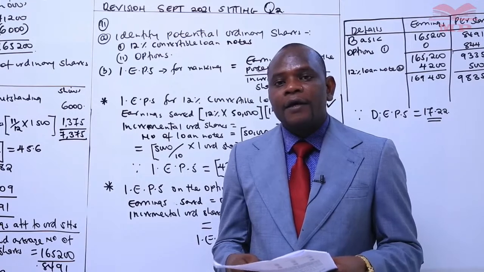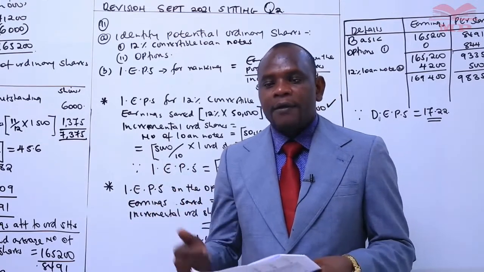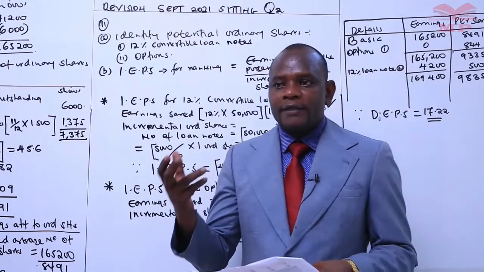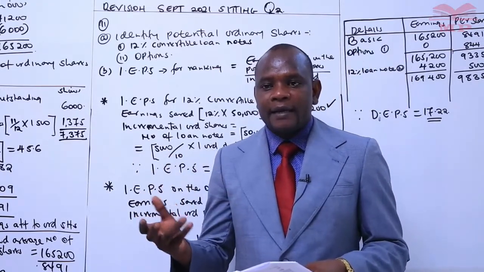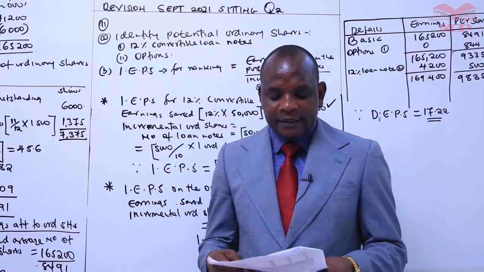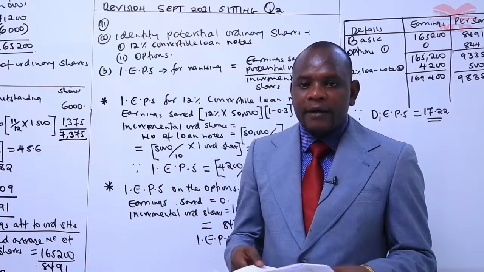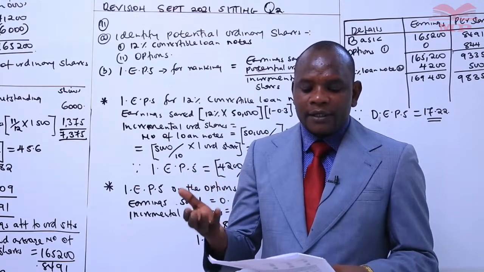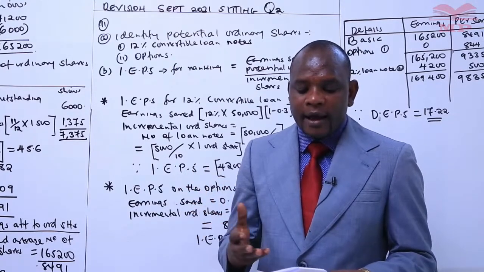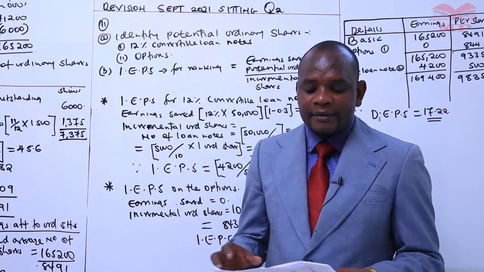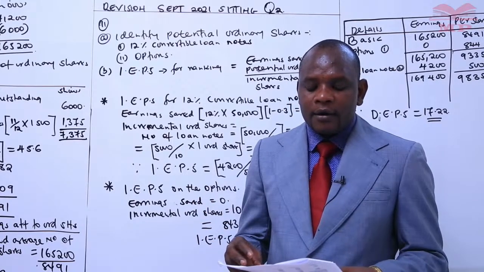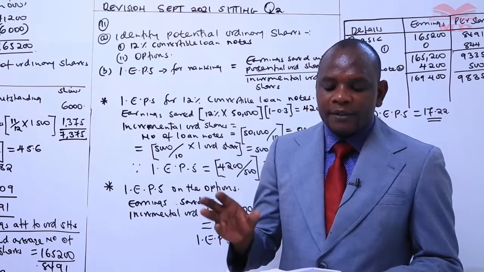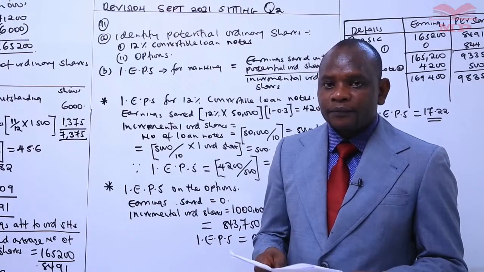Aggregation criteria will identify a reportable segment if the segments are similar in various aspects. That is not applicable here because you can see manufacturing, distribution, retailing, and hotel chain are all different business lines. And therefore, we're going to adopt the quantitative threshold.